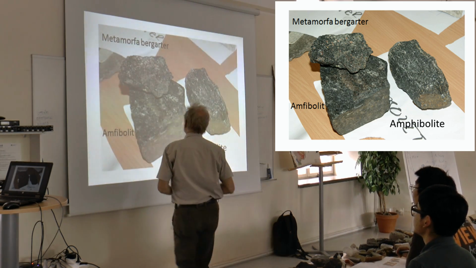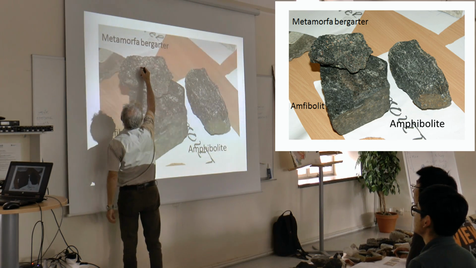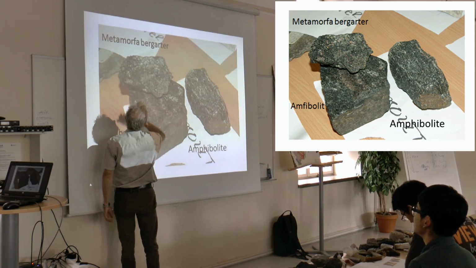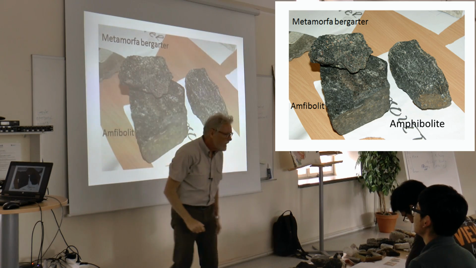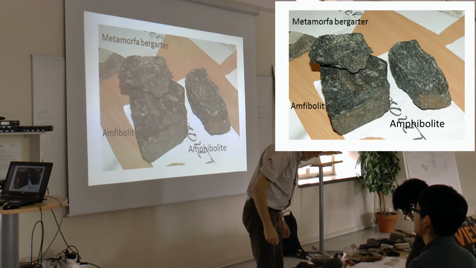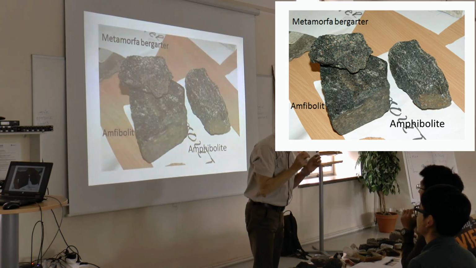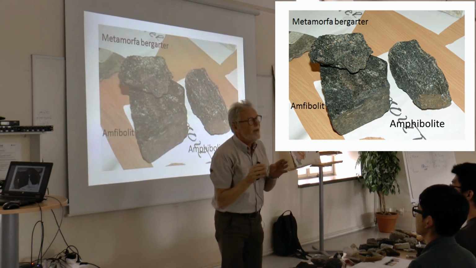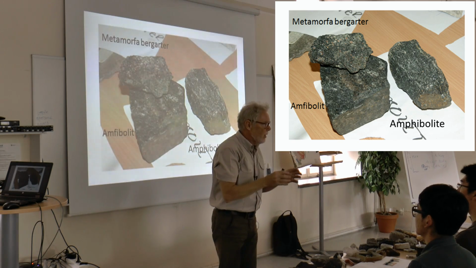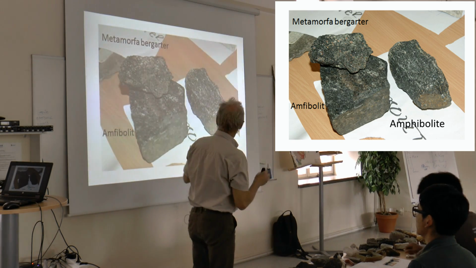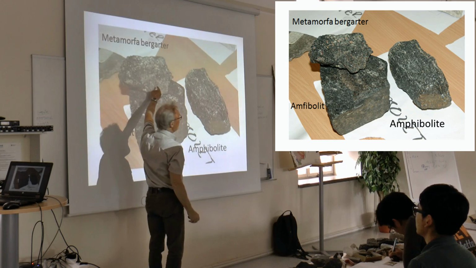But you can also see there are some red dots here, and that is a special mineral which is called garnet. It appears very often in amphibolites, so we can see that it is a typical metamorphic mineral.